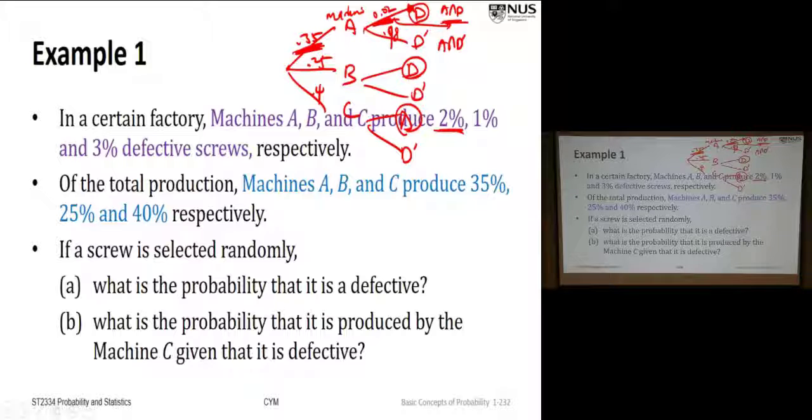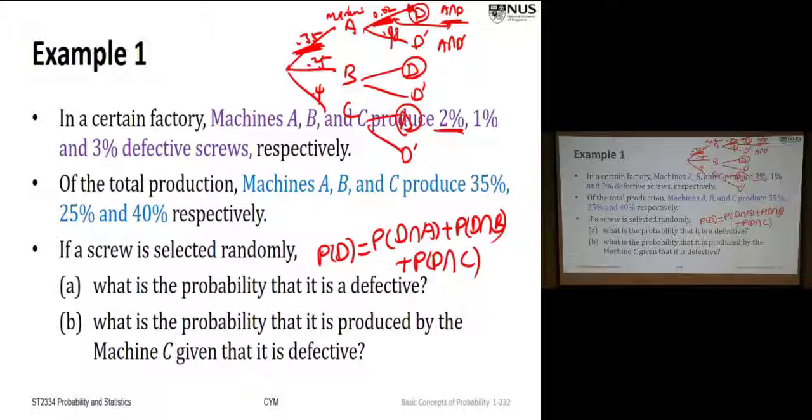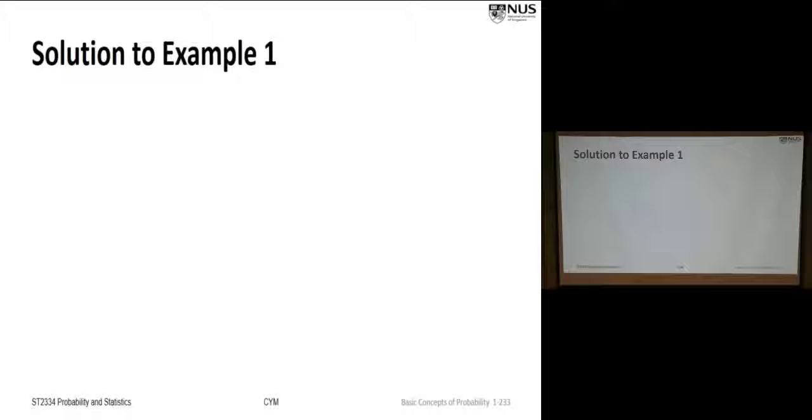All right? So the probability of defective is the probability of D intersect A plus the probability of D intersect B plus the probability of D intersect C. This means defective screws from machine C. So it's equal to the probability of machine A times the probability of D given machine A, and so on.